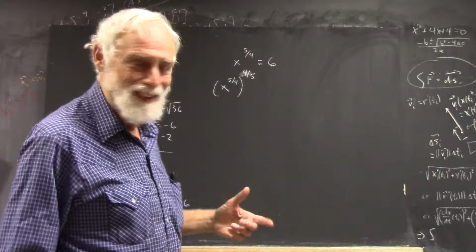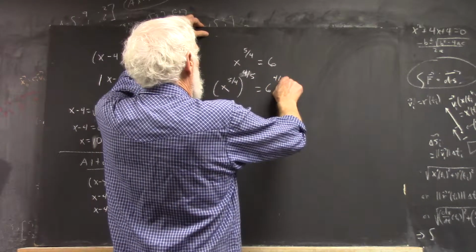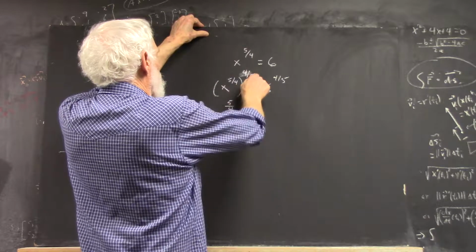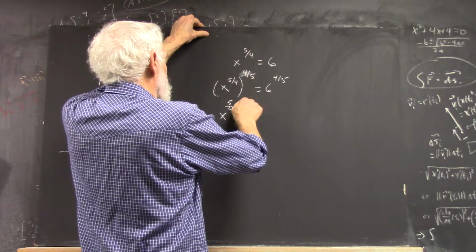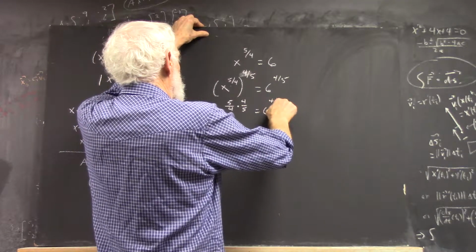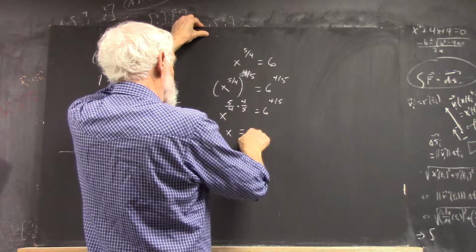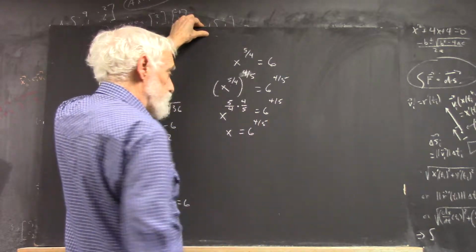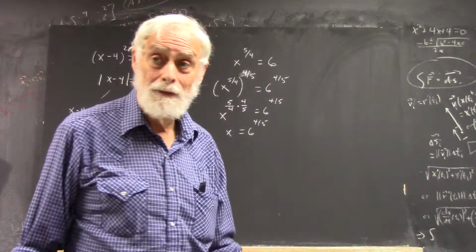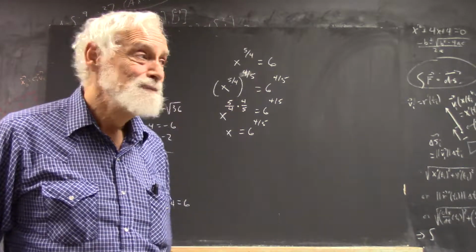Okay, so we can write this. Why does that work? Because of the laws of exponents. The 4/5 power of x to the 5/4 is x to the 5/4 times 4/5. That's 6 to the 4/5. Now what's 6 to the 4/5? Probably 5 point something.